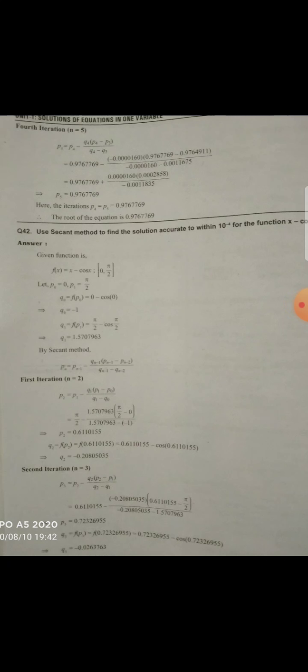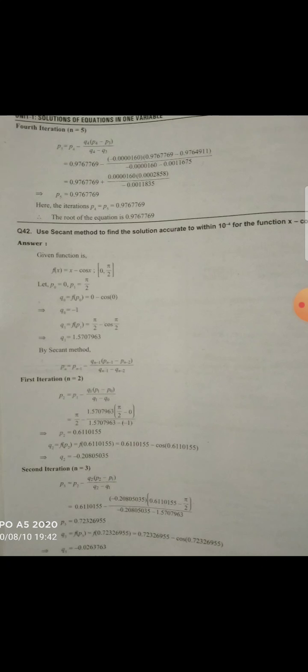p5 equals p4 minus q4 into p4 minus p3 by q4 minus q3, equals 0.9767769 minus 0.40160 into 0.9767769 minus 0.9764911 by minus 0.0000160 minus 0.2011675, equals 0.9767769 plus 0.40160 into 0.302858 by minus 0.2011835.